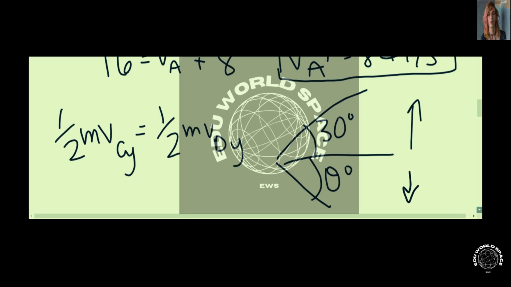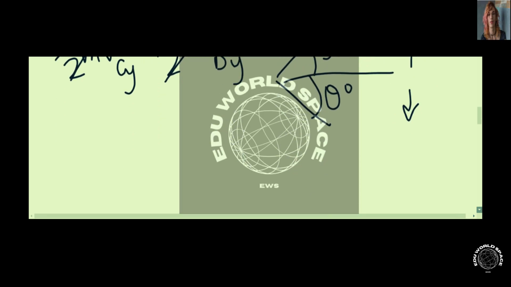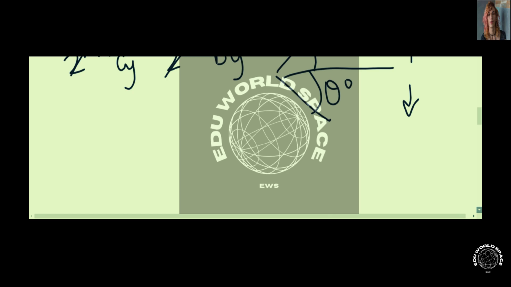But this becomes easy for us because since the masses are the same, those cancel out, which means that in order to conserve momentum, the y component of the velocity for C should equal the y component of velocity for D. So we can now determine the angle because we have piece D's x and y velocities.